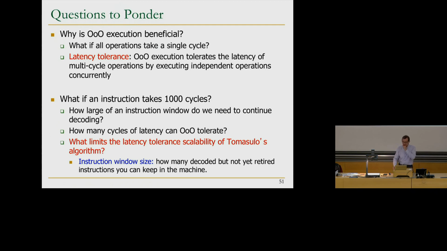It's really a combination, but people try to minimize the size as much as possible because it consumes power. So ROB size may be larger than individual reservation station sizes, because reservation stations don't need to hold the instructions that have finished execution but not yet retired, whereas the ROB, the reorder buffer, needs to hold those.